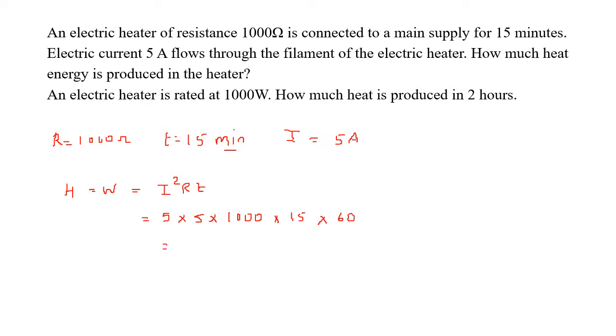So we have got 15 times 60, that is 900. 900 into 25 is 22500. So 2.25 into 10 raised to 1, 2, 3 plus 4, so 10 raised to 7 joule. 2.25 into 10 raised to 7 joule heat is produced when a 1000 ohm resistor has current flowing 5 ampere for 15 minutes.